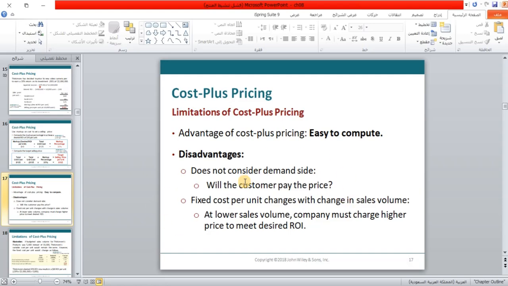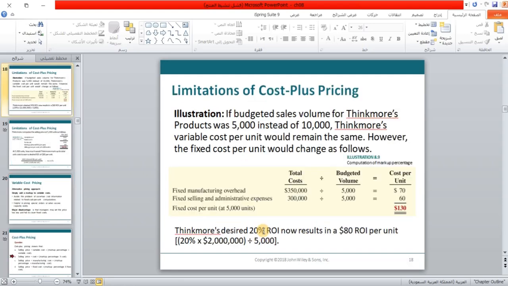When we produce a lower volume of 5,000, the fixed cost per unit increases to 130.